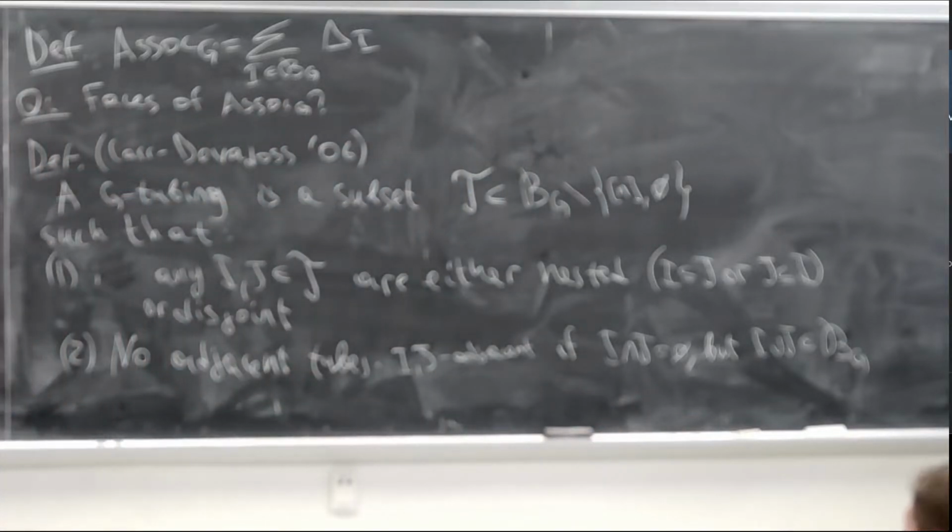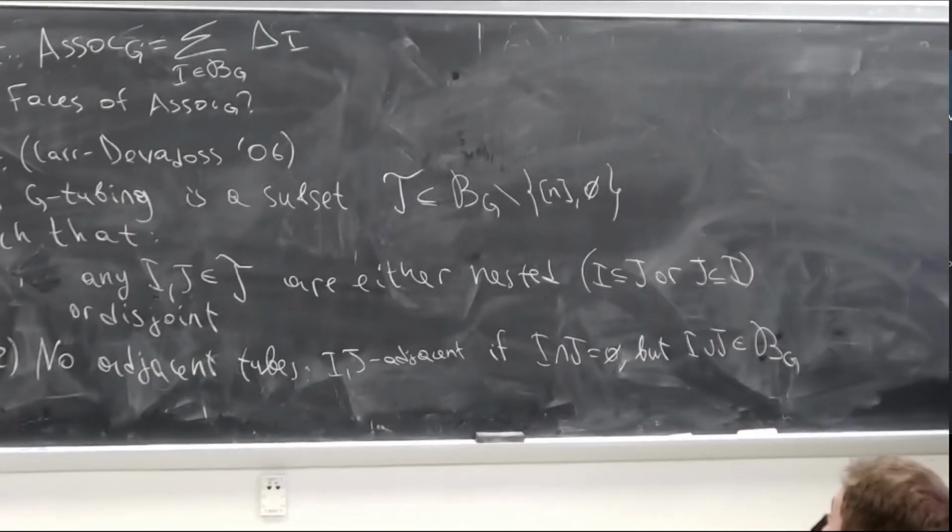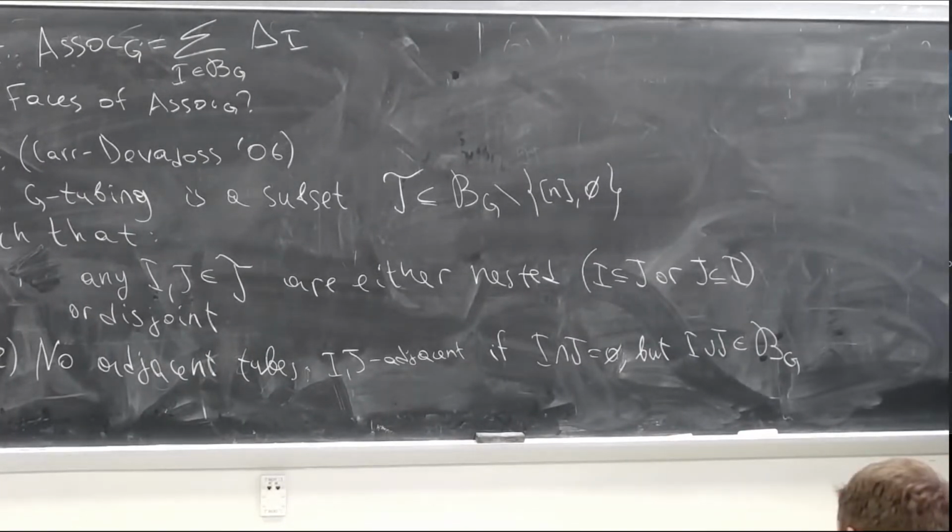Okay, so very simple. These two conditions, and so that's the notion of a G-tubing. So let me try to draw an example of a G-tubing. I'm going to try to draw a very random graph. 1, 2, 3, 4, 5, 6, 7.